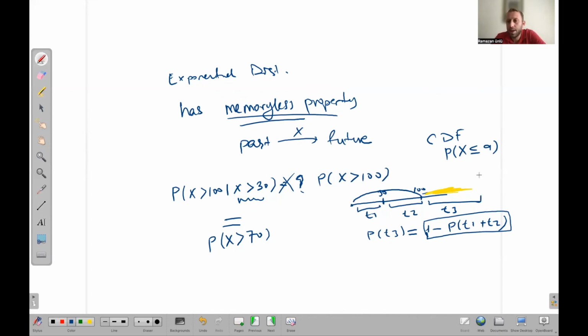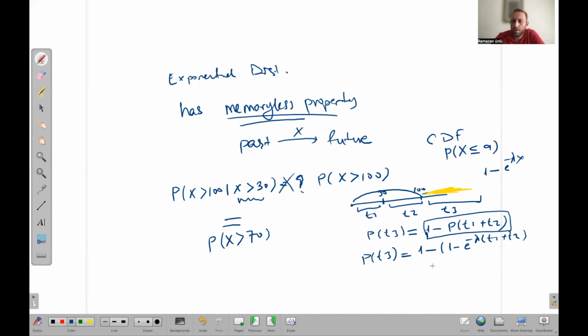Remember the CDF of the exponential distribution, which is 1 minus e to the minus lambda x, okay? And we write that the probability of T3 is equal to 1 minus the probability of T1 plus T2.